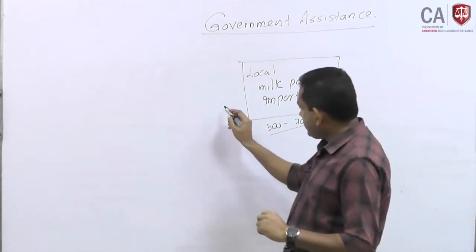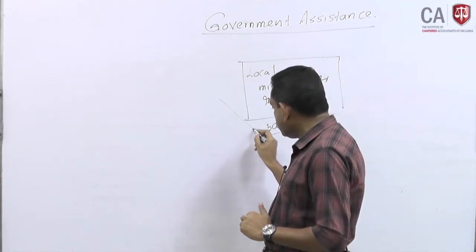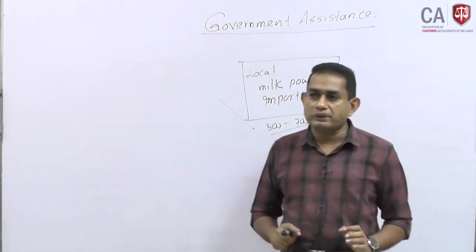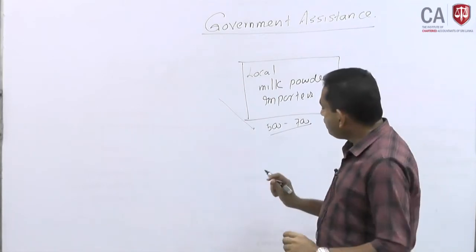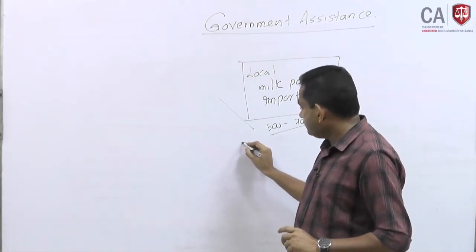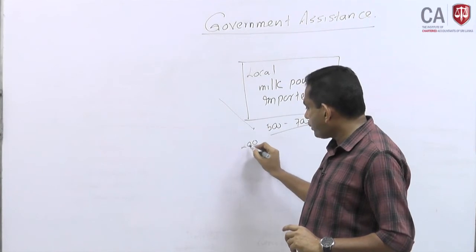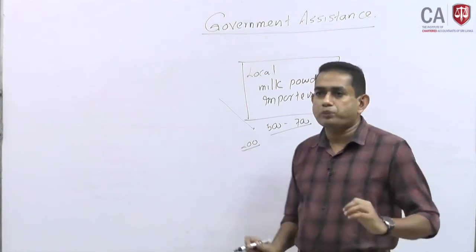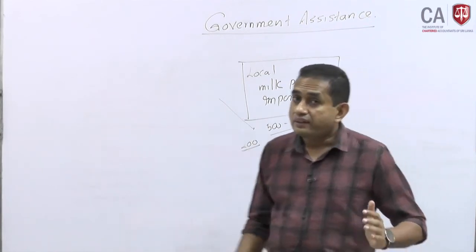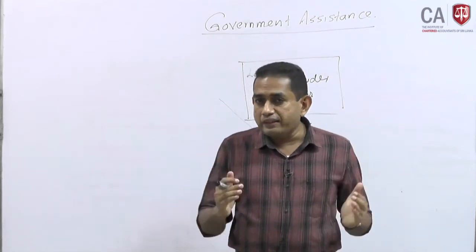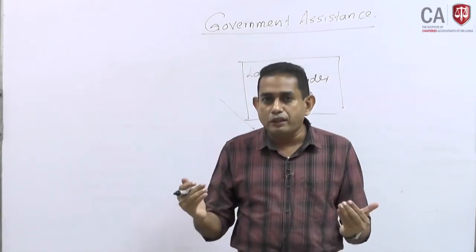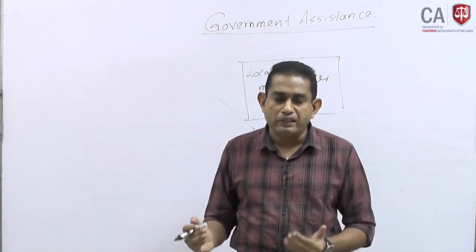And just to mitigate your burden, the government decided to give 200 rupee concessions to all importers of milk powder, so that they can refrain from increasing the price from 500 rupees to 700 rupees.